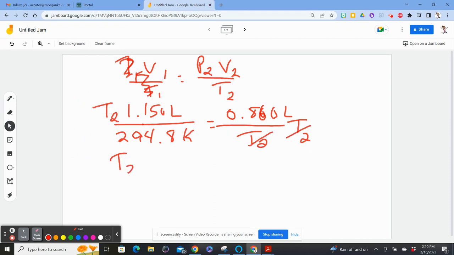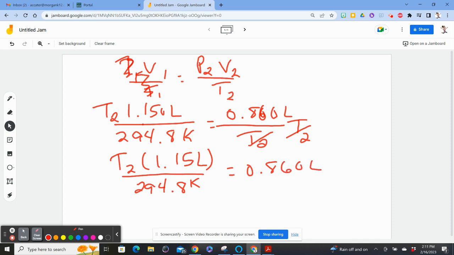That leaves me with T2 times 1.15 liters divided by 294.8 equals 0.860 liters. Again, I don't like having stuff in the denominator. We always want to get rid of that denominator first. So we're dividing by 294.8. Why don't we try multiplying by 294.8 to get that to cancel out?